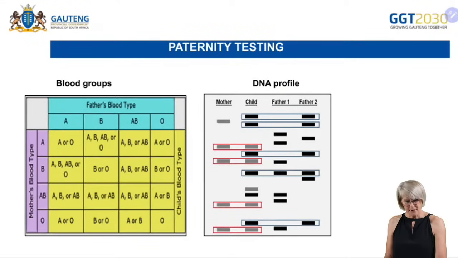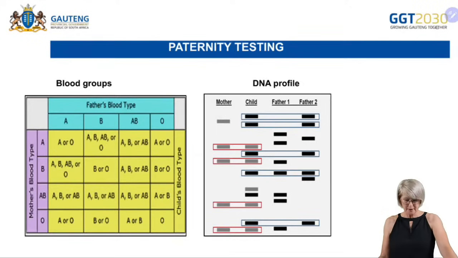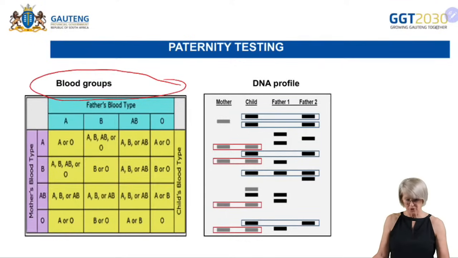Right, then the last aspect we're going to have a look at in genetics and inheritance is paternity testing, and this has been asked frequently in the recent past. So there are 2 ways in which we can do paternity testing. The first one is blood groups, where we can have a look at the blood group of the mother, the father, and the child, or the prospective father, because that's what we're trying to determine: whether an individual is the father or not.